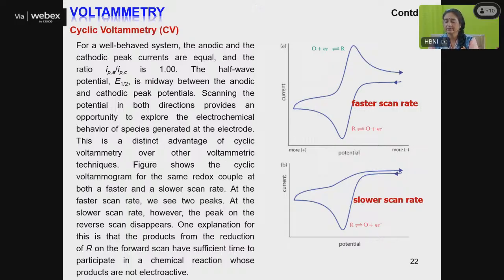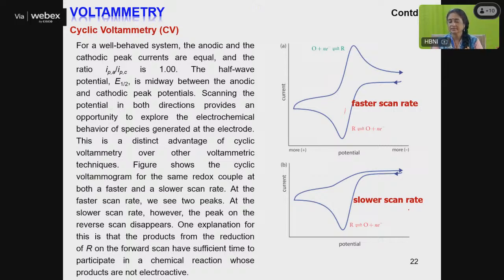If you are using a faster scan rate, you normally get equal and opposite peaks, because you are scanning the voltage in one direction and then reversing it. So these two types of plots are equal and opposite.